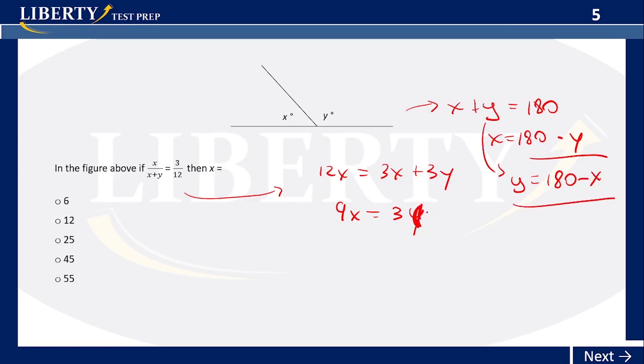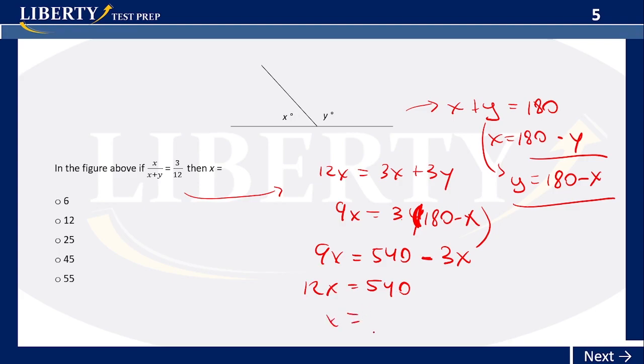So we substitute 180 minus x. So 9x is equal to 3 times 180, that's 540, minus 3x. So this is 12x is equal to 540.